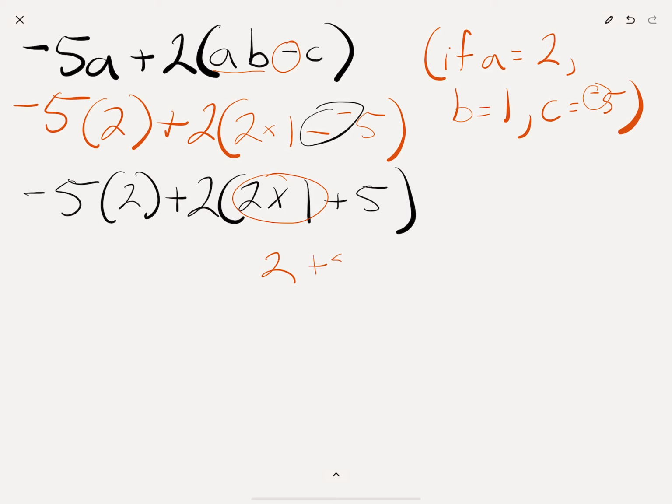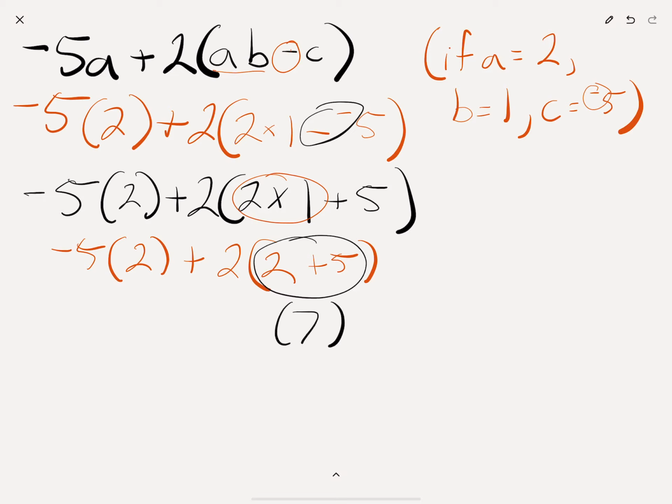All right, bring down the rest. Plus 5, 2 plus 2, negative 5. Okay, one step at a time. It's going to look long, but it's not that bad. We still have operations within the parentheses to do, so we need to finish that first. We have 2 plus 5, which is, of course, 7. Bring down my 2 plus 2, negative 5.